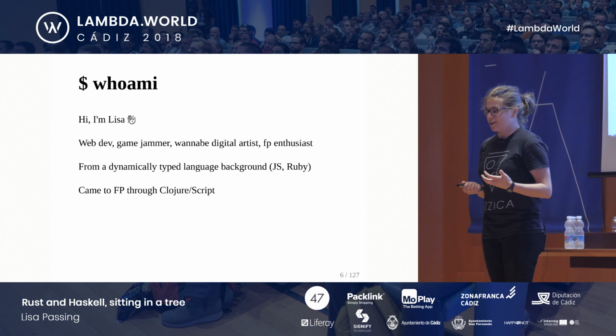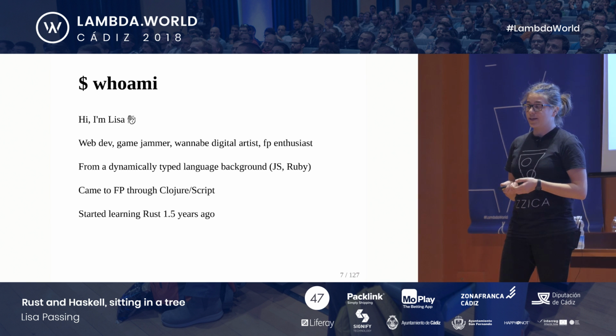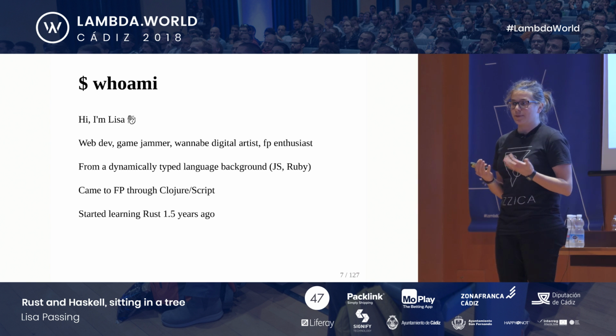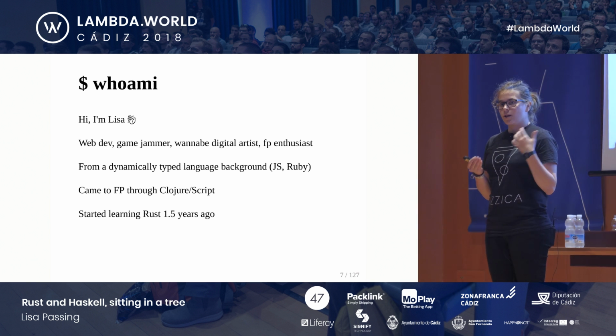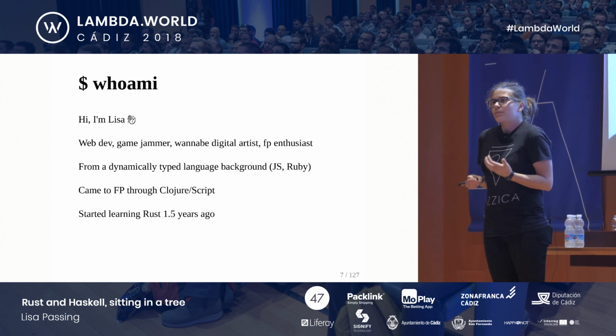And in my journey of apparently learning a new programming language every year, I started learning Rust roughly 1.5 years ago, and this was my first encounter with static typing, and also a low-level systems language, which I hadn't worked with before.